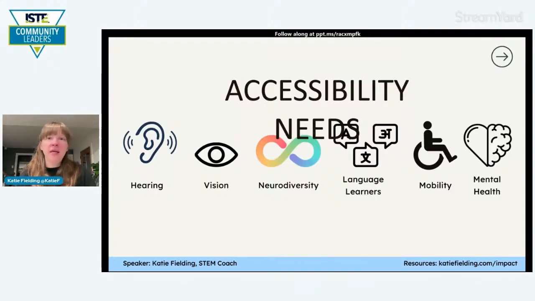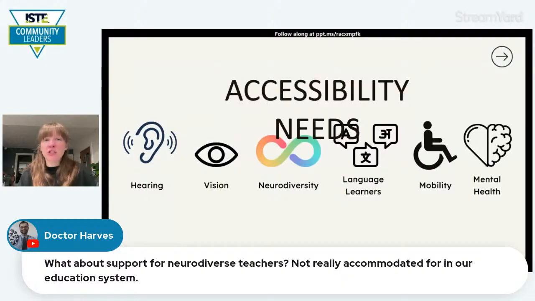And then mobility. That is another classification of accessibility that may involve needing some assistive technology, different tools for how the student interacts with their physical device. And I hope that your school or your district has access to an assistive technology specialist who can help that student access those tools that they need, showing them how to use them and leveraging them, because the average teacher is not going to know or have access to those tools.